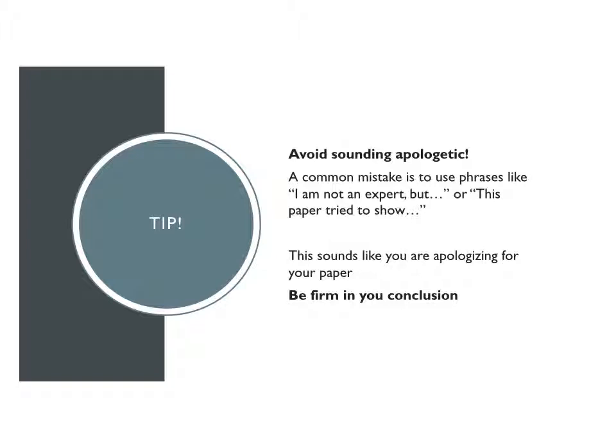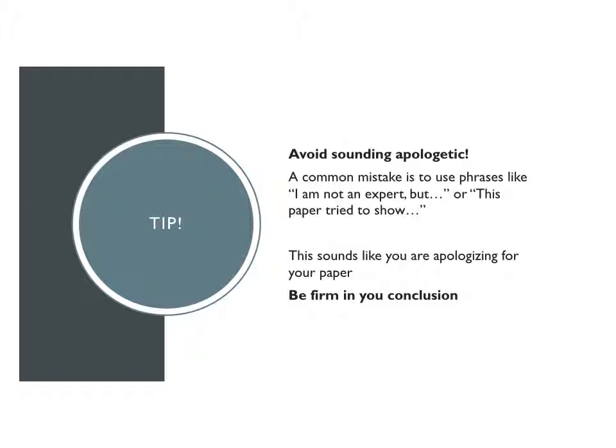Tip: in your conclusion, avoid sounding apologetic. It can be a very common mistake in papers for students to try and apologize for not knowing as much as they feel like they should know. They can use phrases like, "I'm not an expert, but," or "this paper tried to show."